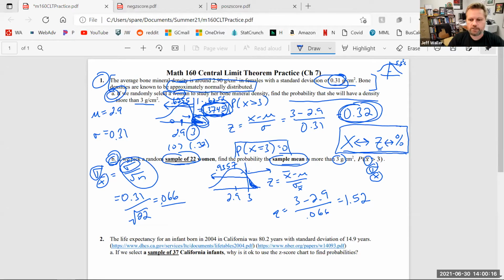Yeah, the standard deviation changes. Every other single step of work is the same. Do you guys see that? Got a z-score, looked it up, did 1 minus. What do you got? I get 0.0643. Did somebody already say that? Can't remember.